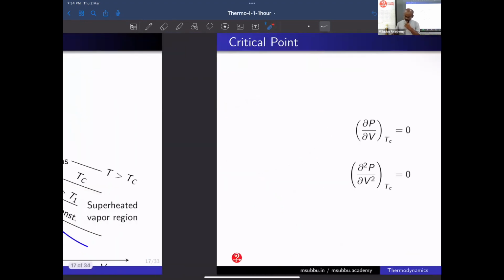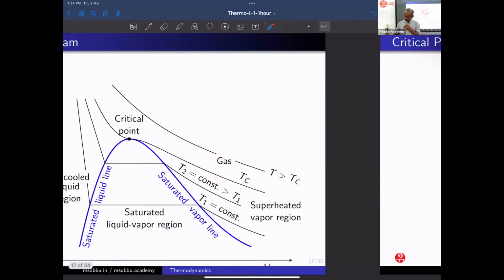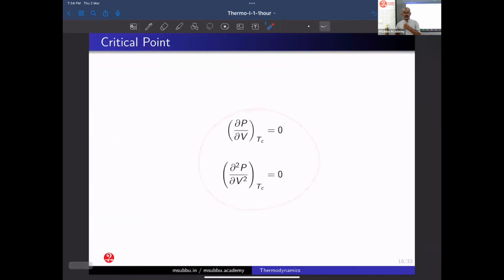Then, what is applicable at the critical point? At this point, the first derivative, which is nothing but dou P by dou V at constant temperature, as well as dou square P by dou V square, both are equal to 0. This condition will be used to evaluate the constants of the equations of state.